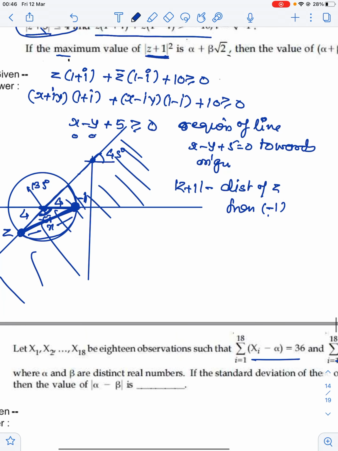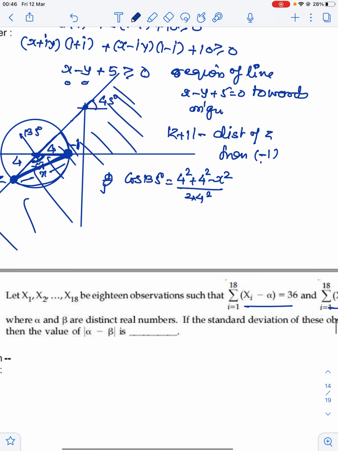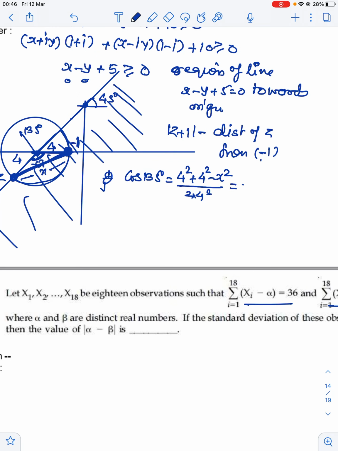So the cosine rule gives us cos 135 is equal to 4 squared plus 4 squared minus x squared, by 2 into a into b, means 2 into 4 squared. So this is minus 1 by root 2, cos 135. So this is 32 minus x squared by 32 is equal to minus 1 by root 2.